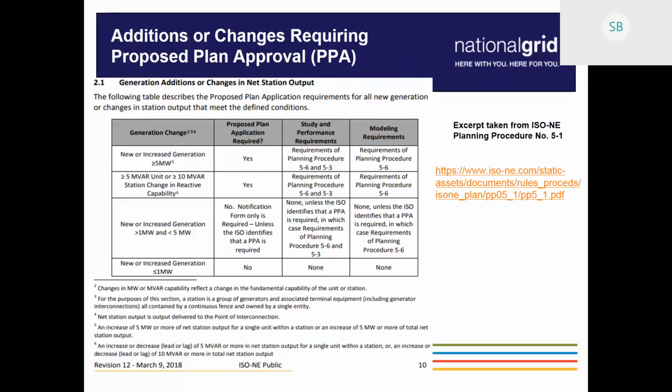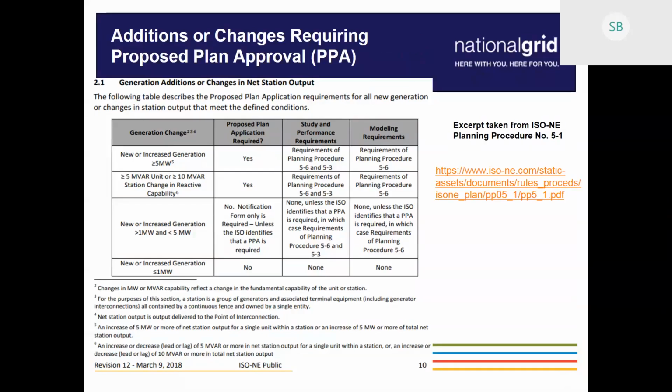Also, based on footnote 4, the net station output delivered to the point of interconnection matters, and I'll explain that when I discuss the generation sizes between greater than 1 megawatt and less than 5 megawatts.